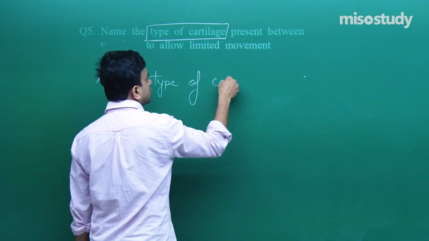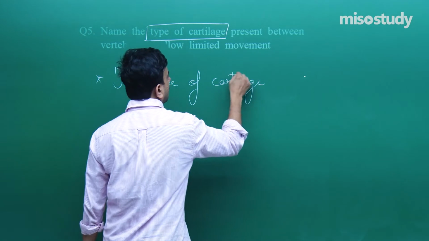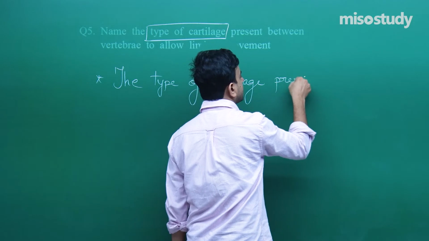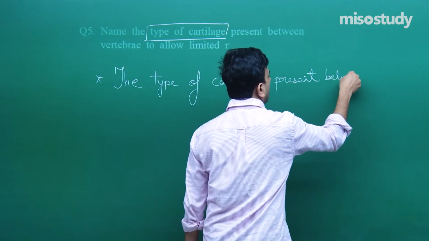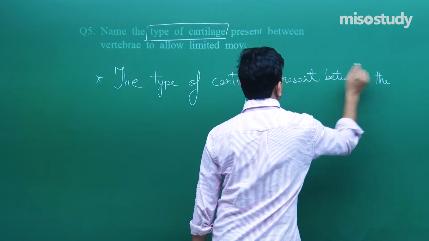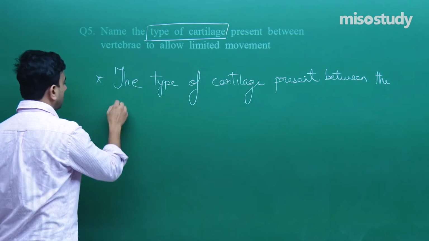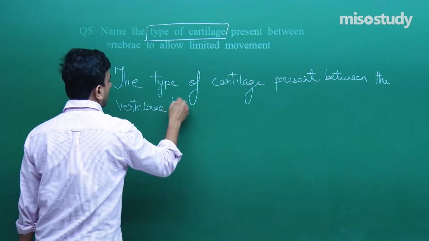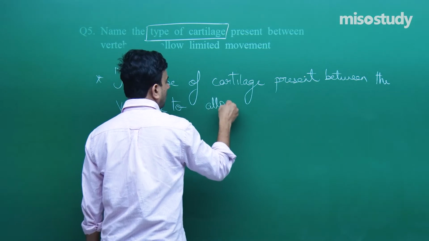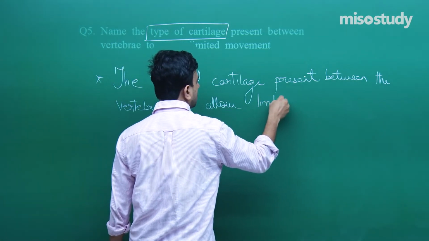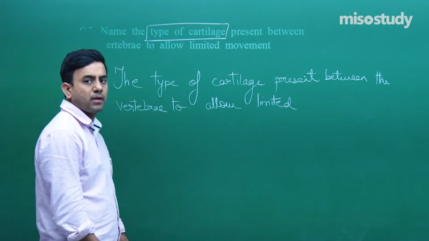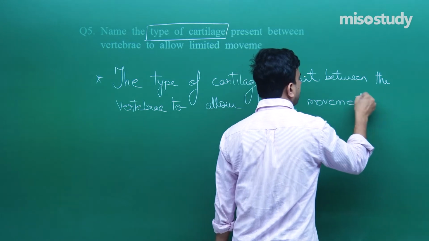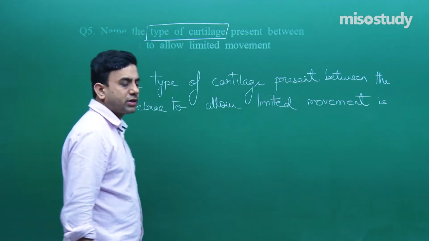The type of cartilage present between the vertebrae to allow limited movement is the intervertebral disc.